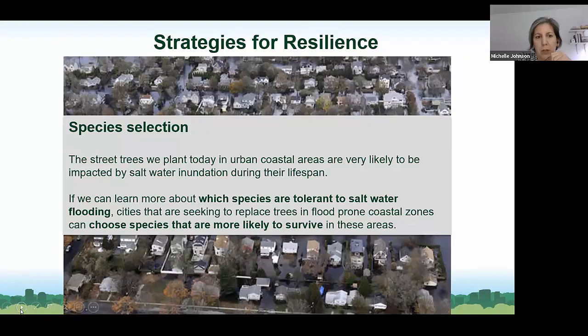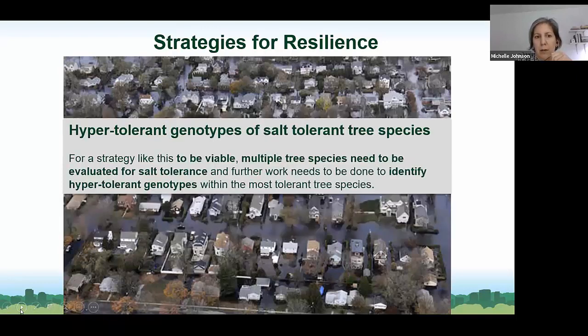And so first looked at thinking about what species do you select to plant going forward. So if we can learn more about which species are salt tolerant, then we can start planting species that are more likely to survive in these flood-prone coastal zones of cities. Next slide. And then also we can look for genotypes that are hypertolerant to salt in these salt-tolerant species.